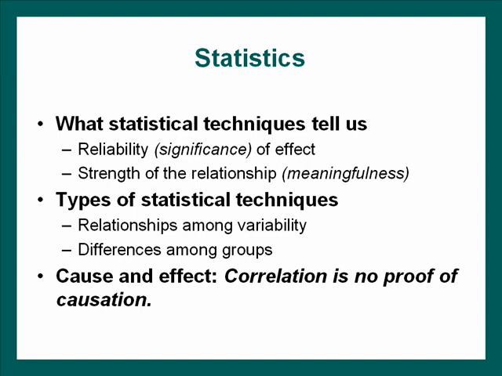Another thing that statistics help us with is that there are going to be different types of techniques. We're going to talk next week about the relationship among variability. That's another fancy way of saying correlation, or relationships between the variables. Does variable X have a relationship to variable Y?